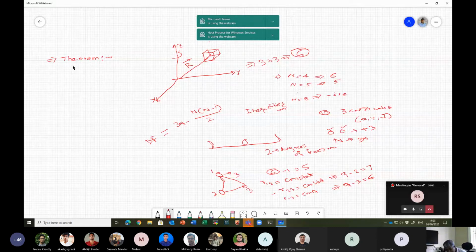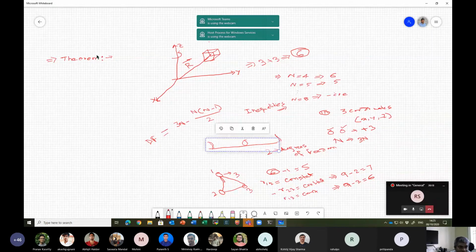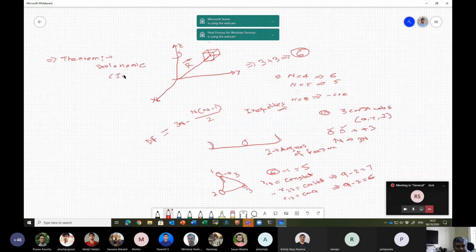This constraint reduces the degrees of freedom from 6 to 5. If we have a system where we can do that kind of calculation, then we call this kind of constraint a holonomic constraint, or you can say it is integrable.